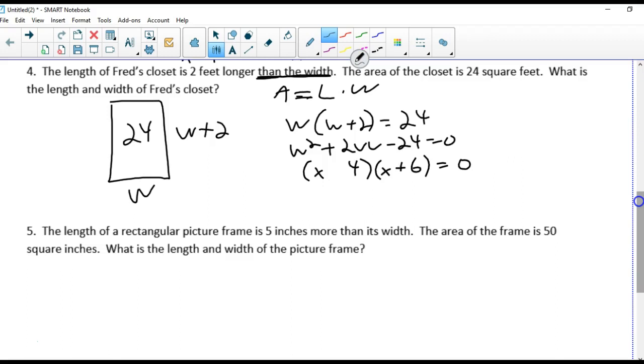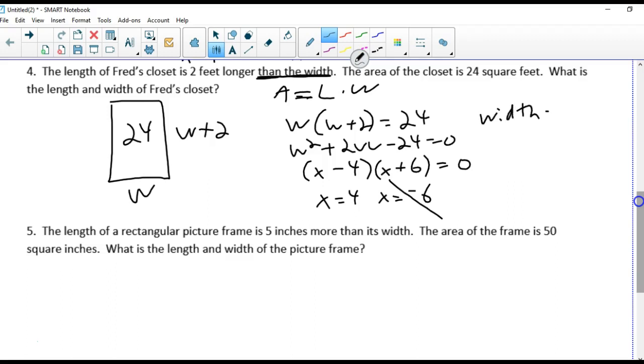I want more positives than negatives. So that gives me x equals 4, x equals negative 6. Now, very important, this is where we throw out the negative answer because we cannot have a negative measurement. So, what is the length and width?